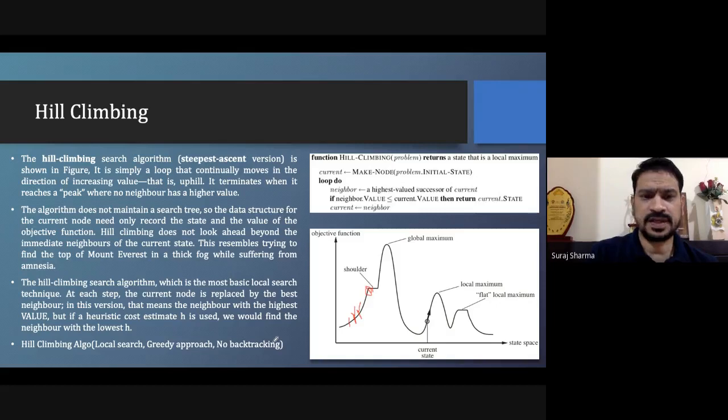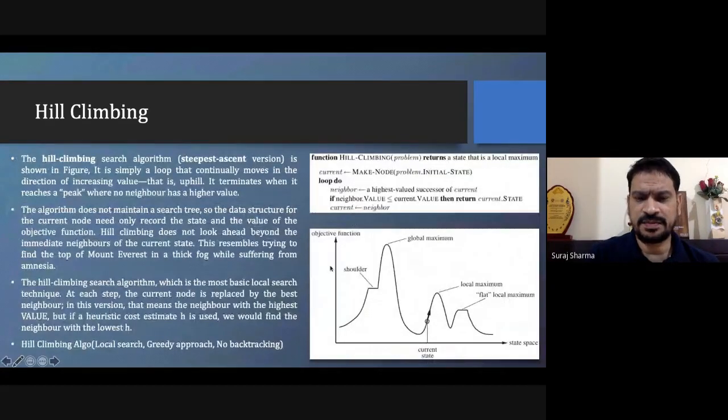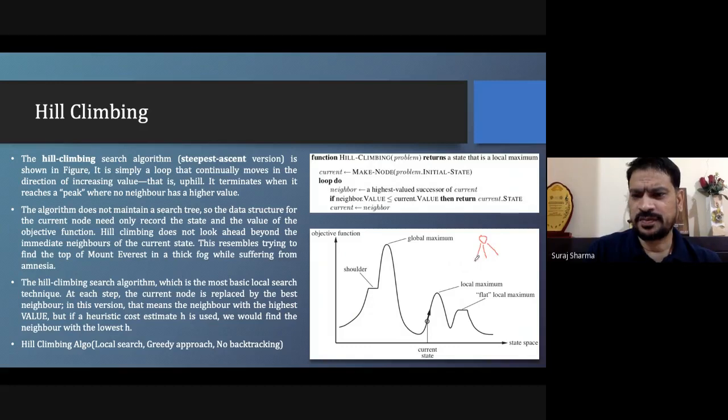So let's take one example. Let's say we have one node, and this node has, let's say, 3 children: 1, 2, and 3.